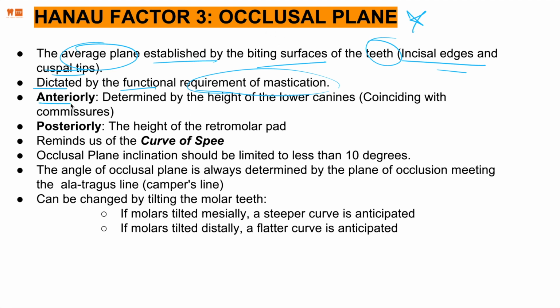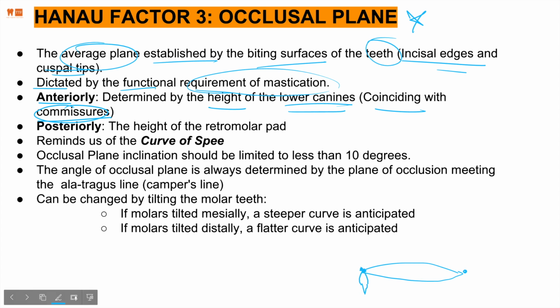For example, anteriorly, it is determined by the height of the lower canines, coinciding with the commissure. So if these are your lips, and the corners of your lips are known as commissures, then your canines lying underneath here, inside, will be lined up exactly right here by the height of canine.